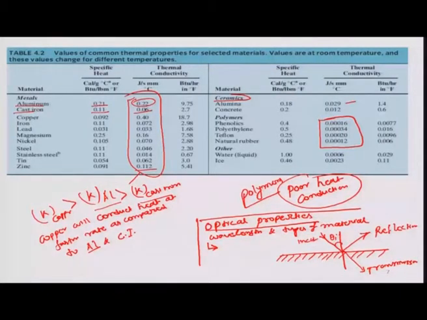Okay. So algebraically, incident intensity I plus IR plus IT will be 1.